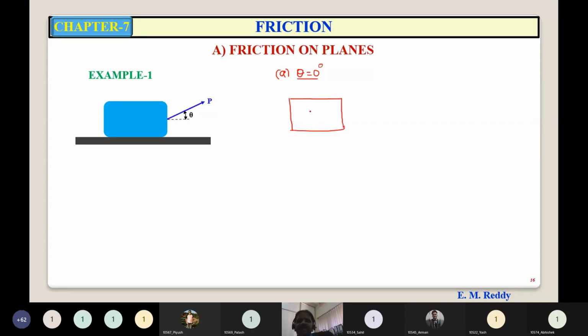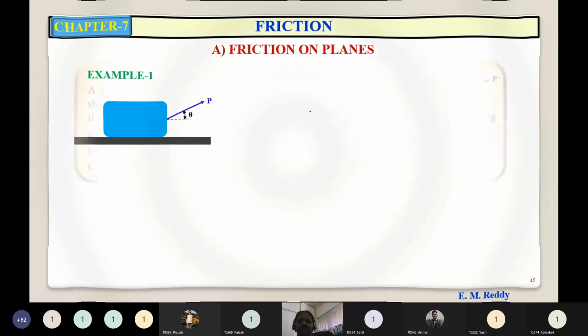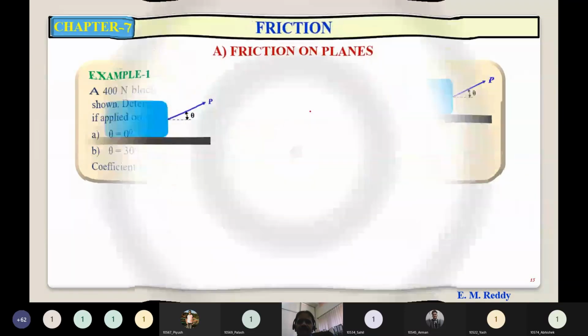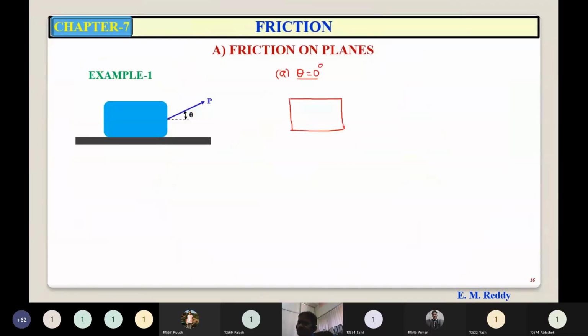The weight of the block is given, 400 Newton. So you have the self weight of the body, 400 Newton.